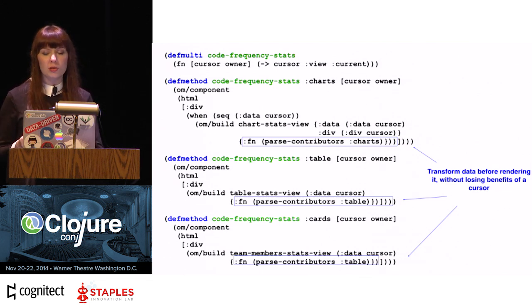You could use an update function and store that new copy of the data in your application state, but then you would either have to override the existing data, or store it in a different part of your app state, which is just a duplicate of your data. So there is an fn option that you can pass into your build function, with the function that you want applied on the cursor. It will apply that function, and the cursor will actually remain a cursor, so you're not losing the benefits of a cursor.